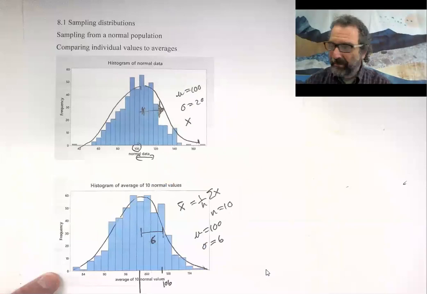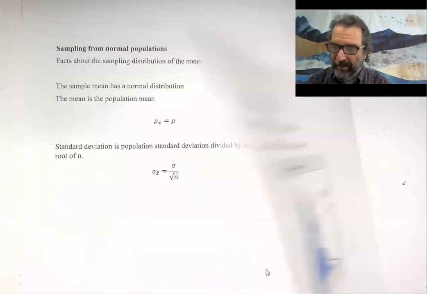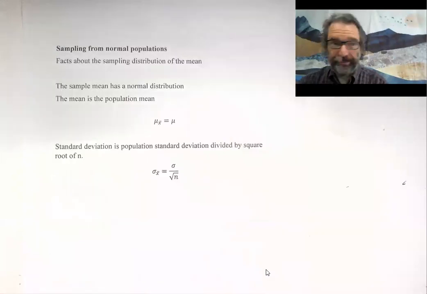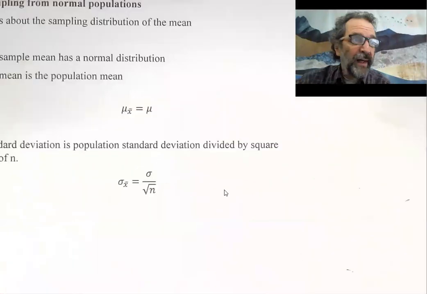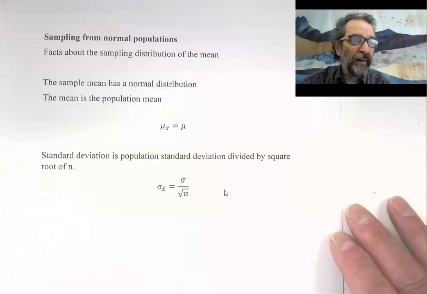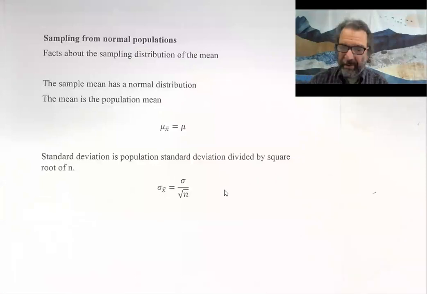Now let's move on. In fact, what I was saying can be mathematically shown. You have to accept that the people who study probability and statistics have a way of determining that the mean of the sample mean is the population mean.